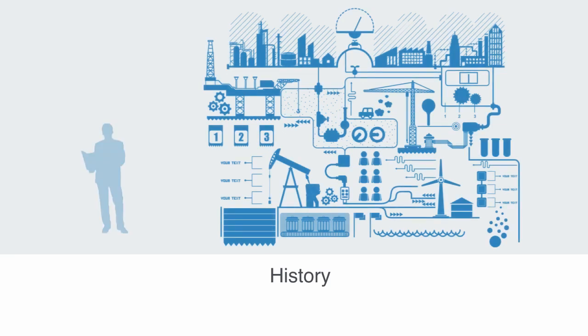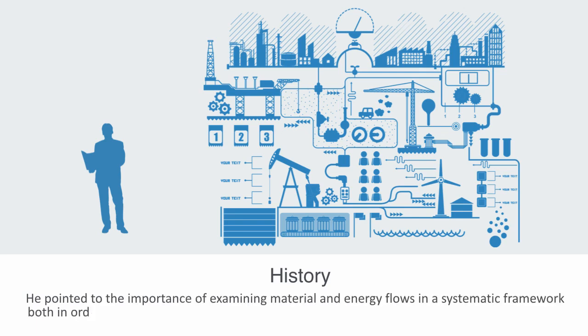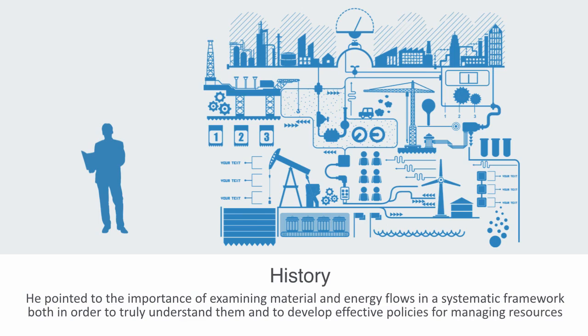Although industrial ecology only really came of age in the 1990s, its foundations were laid in the decades before this. Robert Ayres is recognized for bringing together many of the basic ideas that have comprised industrial ecology since the late 1960s. He pointed to the importance of examining material and energy flows in a systemic framework, both in order to truly understand them and to develop effective policies for managing these resources.